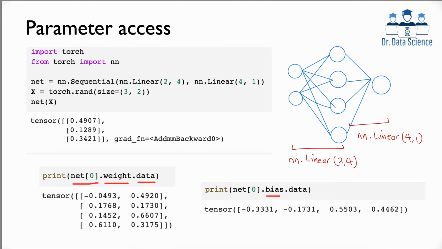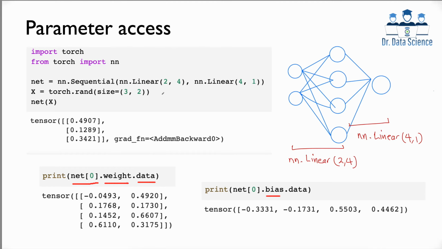And also here we can just look at the bias term, which had 4 elements for net 0, because that's the one that goes from 2 neurons to 4 neurons. Here you can also use other attributes too. For example, for the weight and the bias, we also have the gradient, so you can say weight.grad to see what the gradient is.